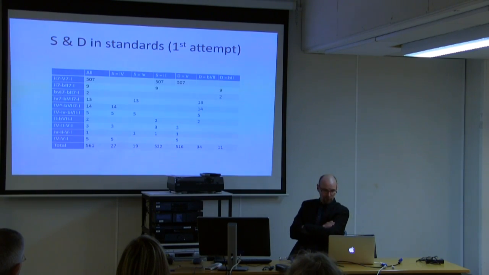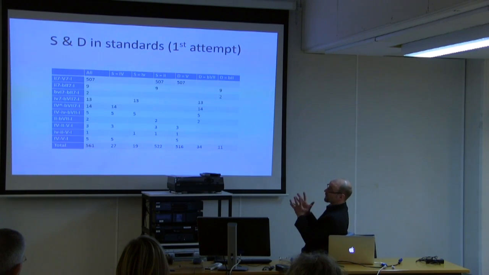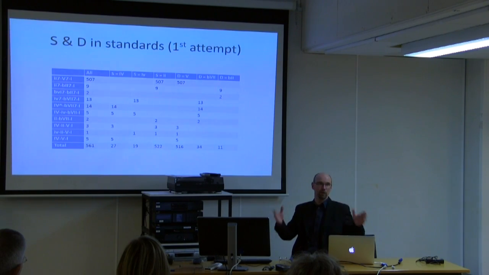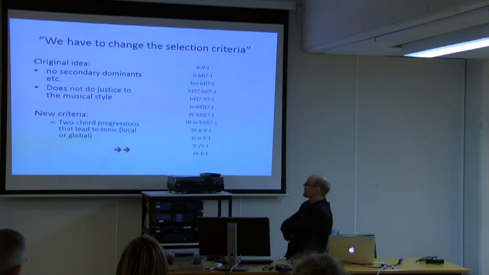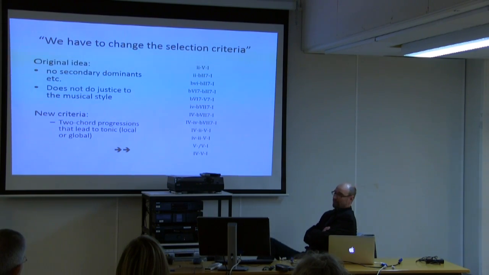Anyway, this is the work that I do not have the statistics ready for, because first of all I tried to use the same criteria for defining or finding cadences as in Mozart, and well, this was the first attempt. But the basic thing is that if we don't count any secondary dominants or so on, it doesn't really do justice to the musical style.